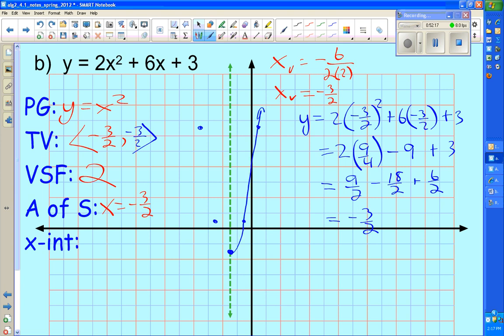Can you find your x-intercepts? In standard form, what's the y-intercept always going to be?